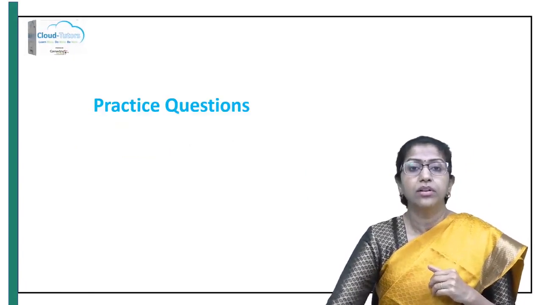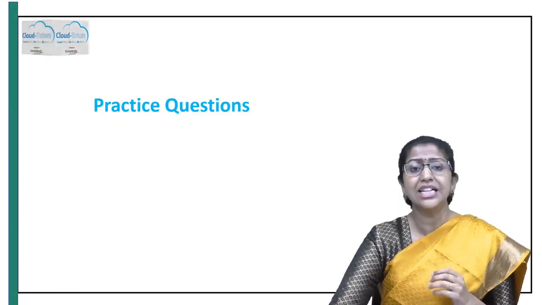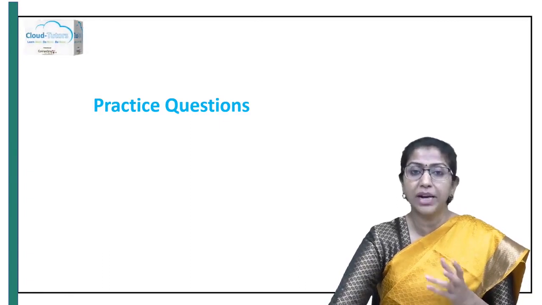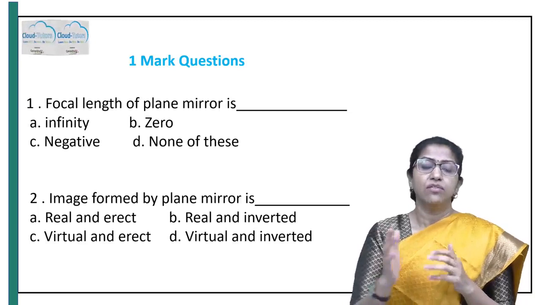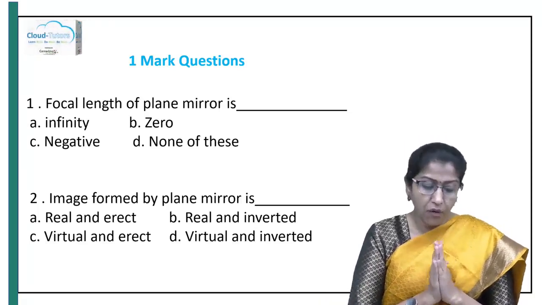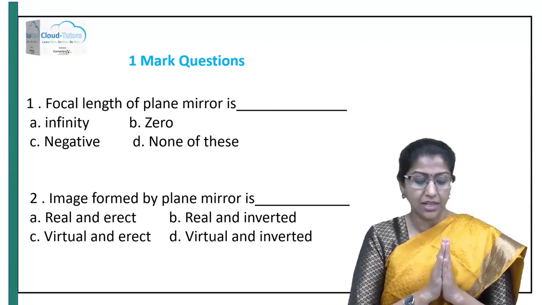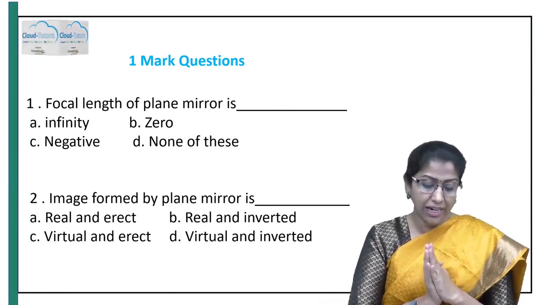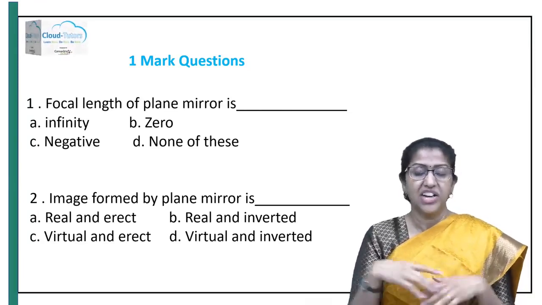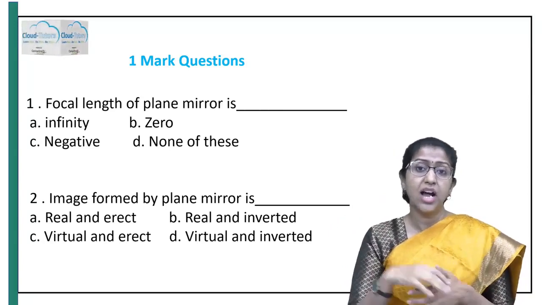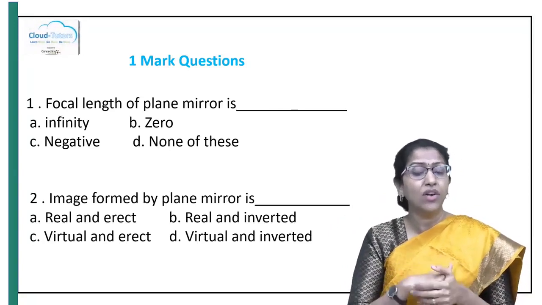Now, with all of this understanding, let's solve a few practice questions and one or two numerical problems. First one: the focal length of a plane mirror is what? Options are infinity, 0, negative, none of these. First thing that comes to mind is how can a plane mirror have a focal length?